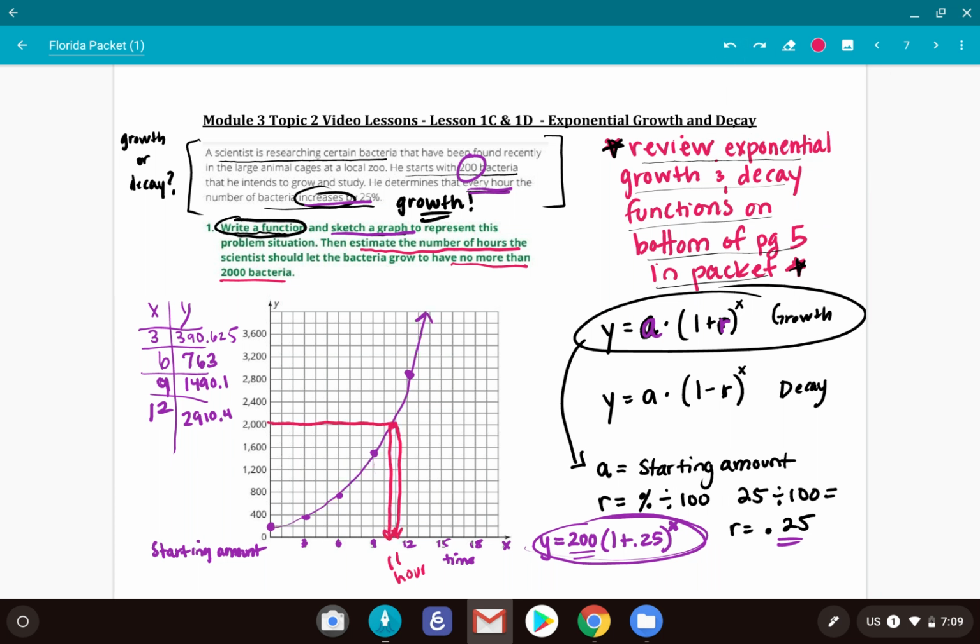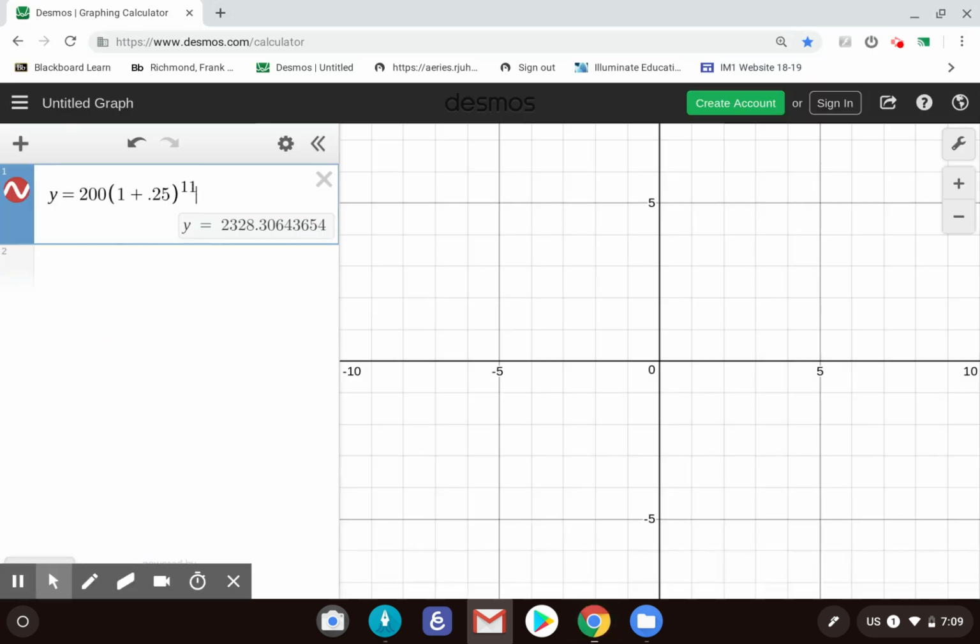Whoops, sorry about that. My eraser is too big. We'll try 10 hours and see what that estimate gives us, since 11 was too big. We got 10 hours, and that's less than 2,000.